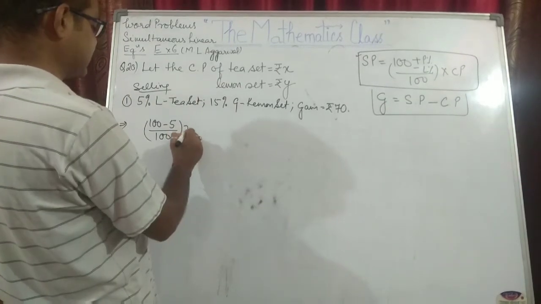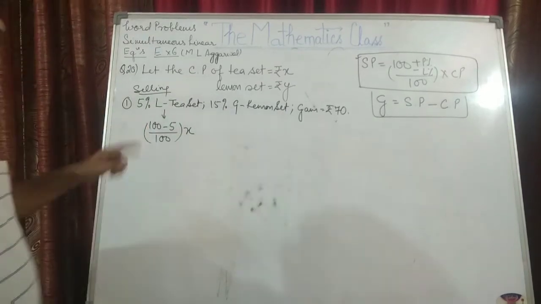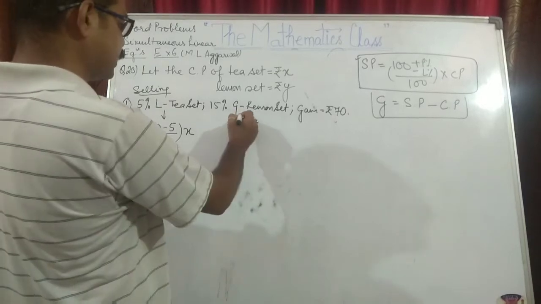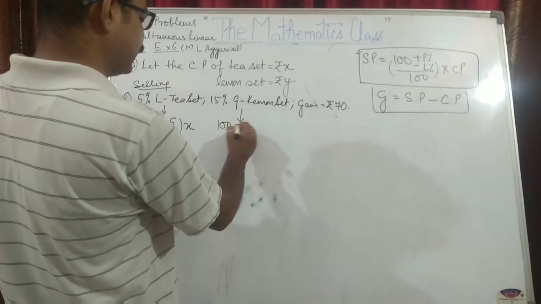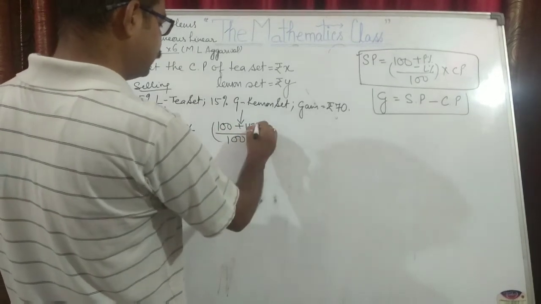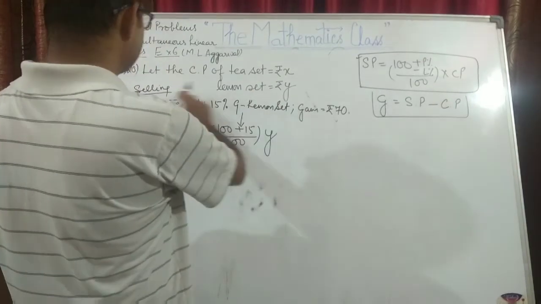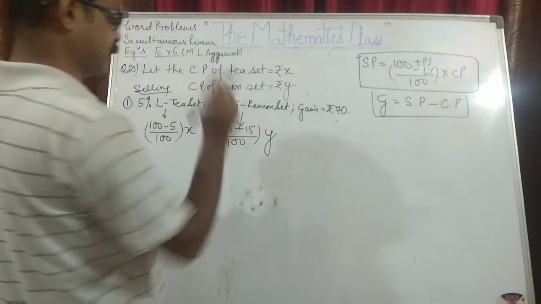CP of the tea set is X. Now 15% profit on the lemon set, so it will be 100 plus 15 upon 100 into Y, because the cost price of the lemon set was Y.